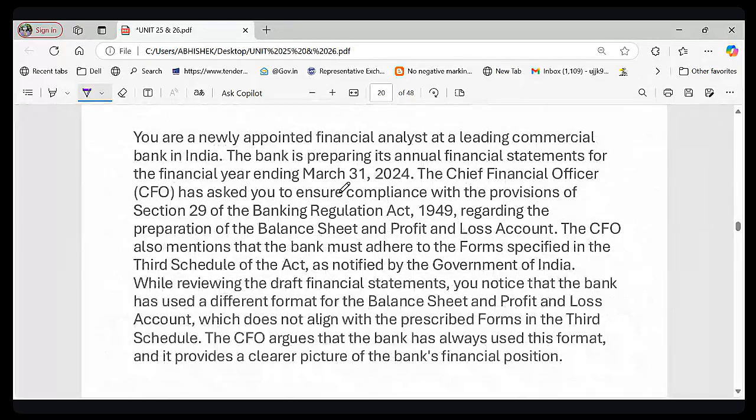You have recently joined a leading commercial bank in India as a financial analyst, right? And the bank is preparing its annual financial statement for the financial year ending 31st March 2024.